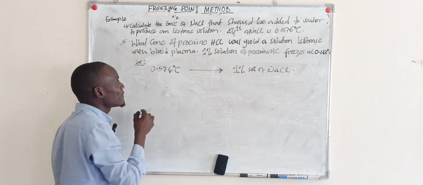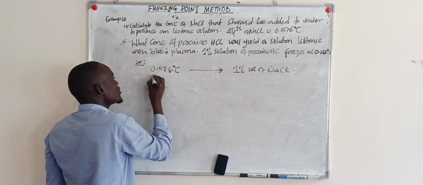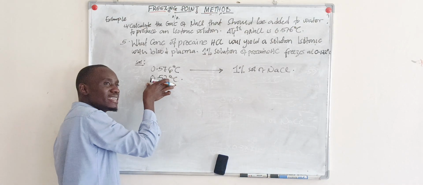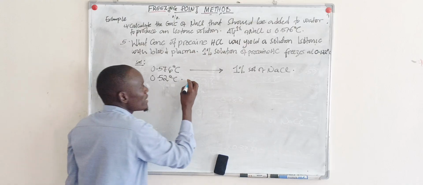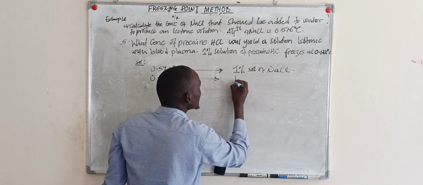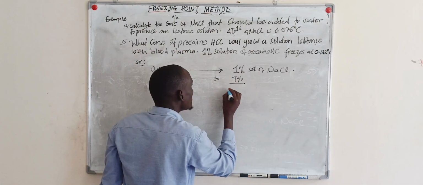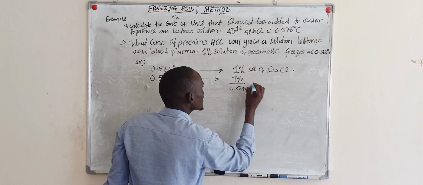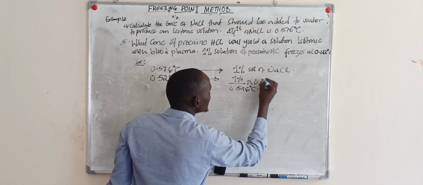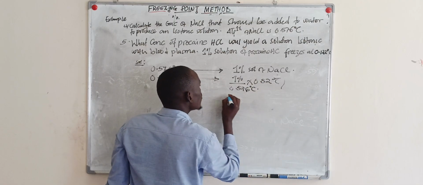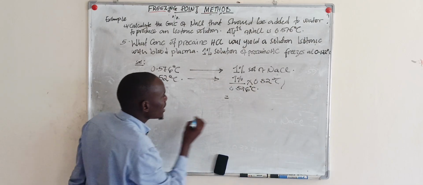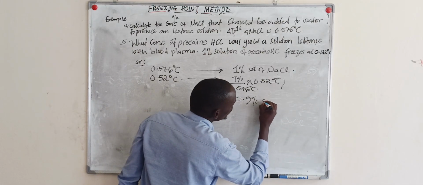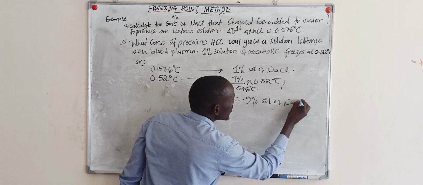How about the 0.52 degrees C? Because this is the freezing point depression of blood, it will produce 1% divided by the freezing point depression of our adjusting substance, which in this case is sodium chloride, times 0.52 degrees C. And when we compute this, we shall get 0.9% solution of sodium chloride.